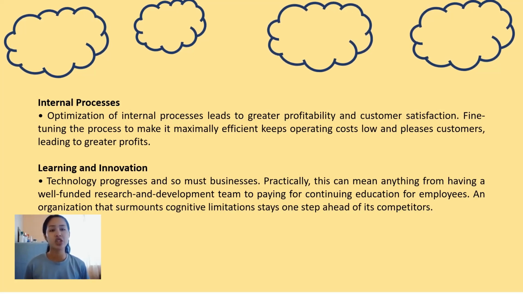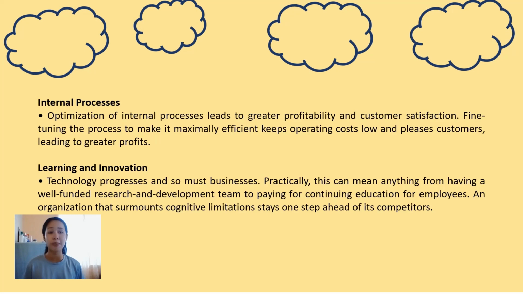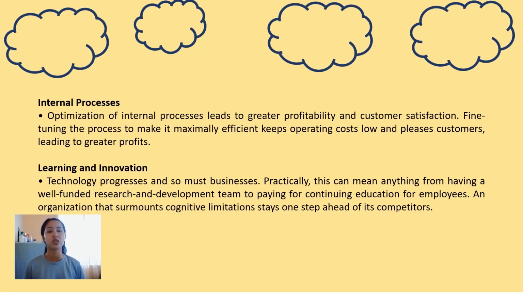A great manager anticipates and initiates change by encouraging her organization to focus on learning and innovation. Practically, this can mean anything from having a well-funded research and development team to paying for continuing education for employees. An organization that surmounts cognitive limitations stays one step ahead of its competitors.